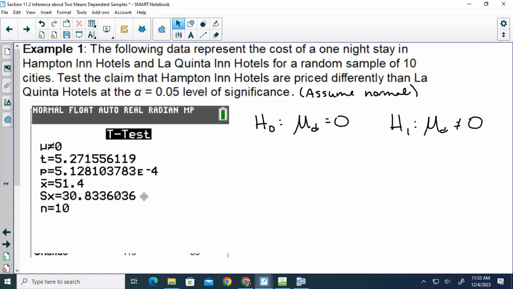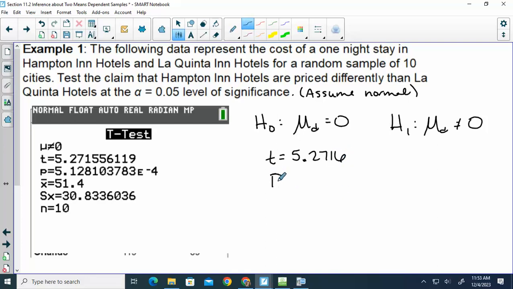So if I'm trying to show some work here, my t-value is 5.27. You guys get that?